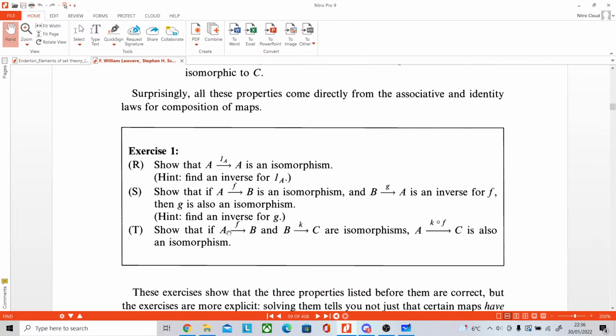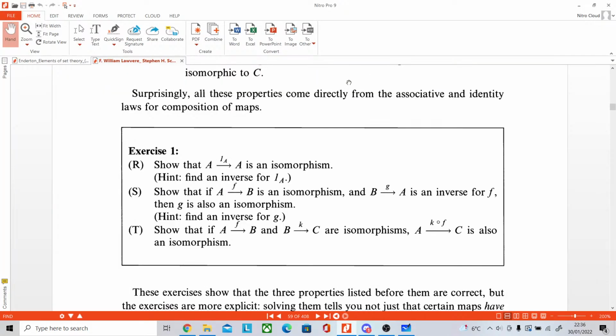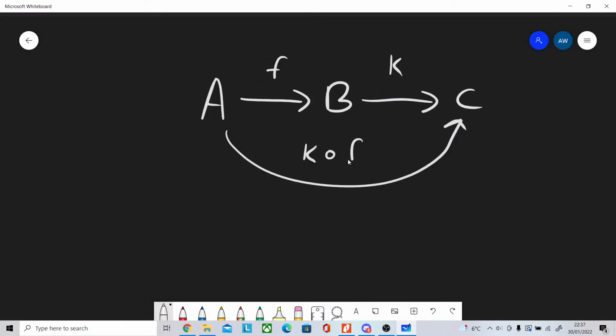Show that if A to B and B to C are isomorphisms, then K composed with F is also an isomorphism. Right.